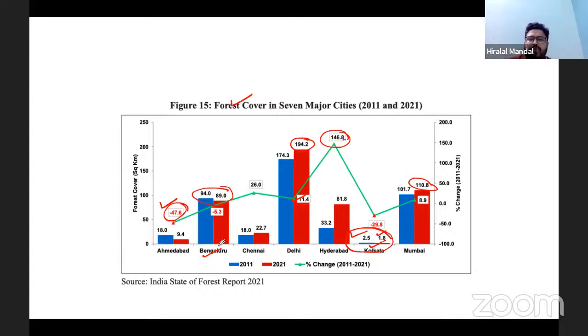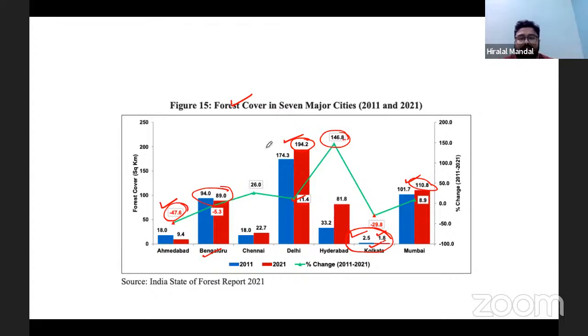So this is what we have understood about the forest cover. Among the top 7 cities, Delhi has the highest forest cover, followed by Mumbai. And Mumbai is bound to, because Mumbai is a coastal city, so of course you can expect it to have forest cover area.